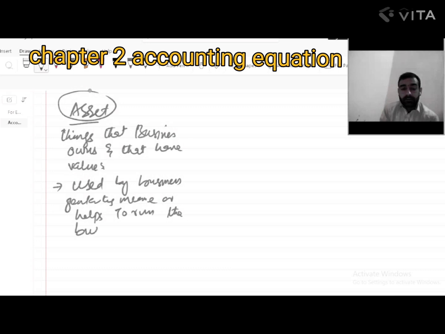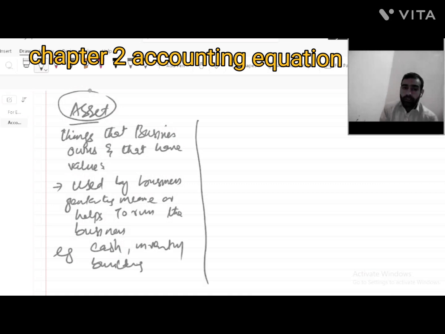Examples are cash, inventories, buildings, equipment, and so on. Clear? So things that a business owns and that have value, and are used by the business to generate income or to help it operate, we call assets.